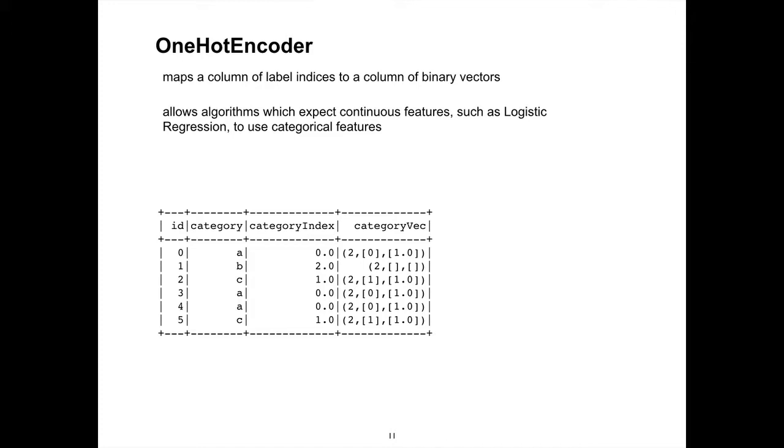There are a number of problems that come with this. Even going from these categories to these indexes, somehow we're saying that B is twice C, right? We're taking strings, and there could be 5 different types of strings, right?